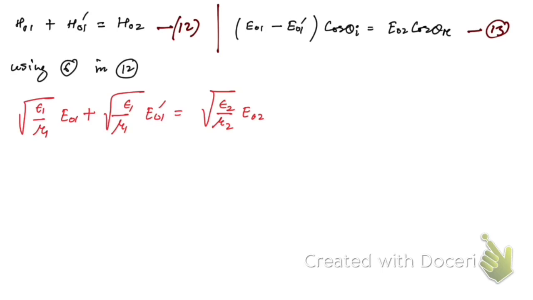Now you see here what we do in this case. If we replace this value using equation number 13, we're going to get E02 equal to E01 minus E01 dash, cos theta I divided by cos theta r. So let us use this value here.